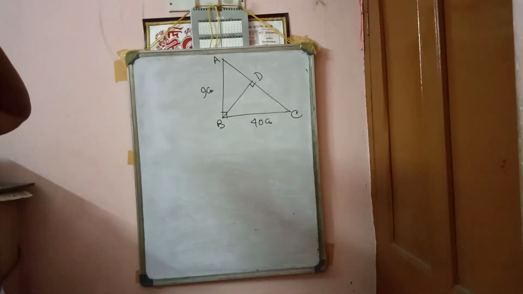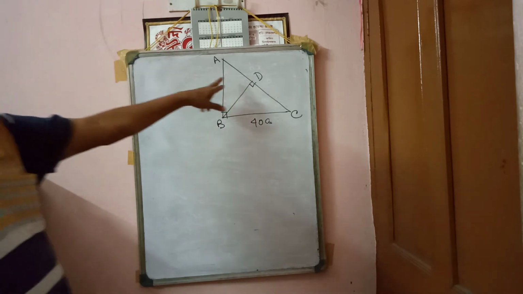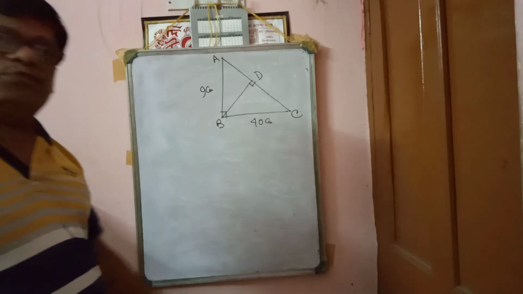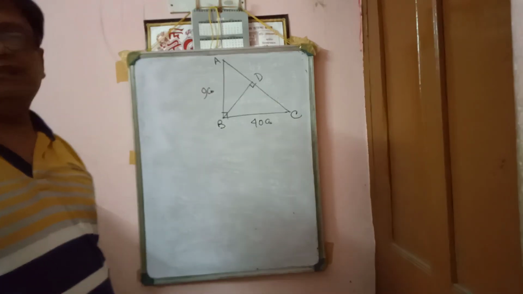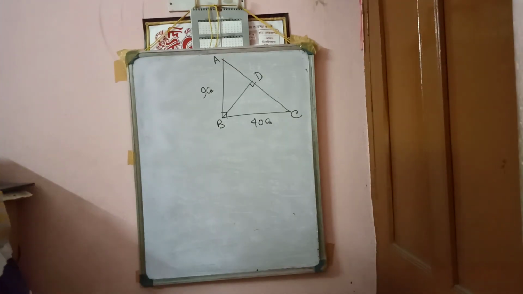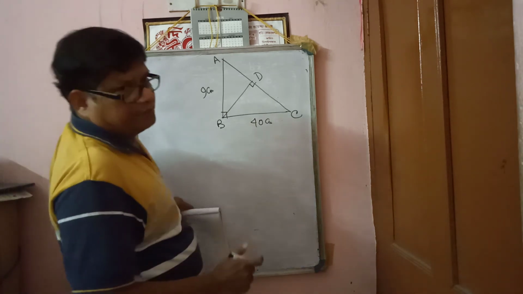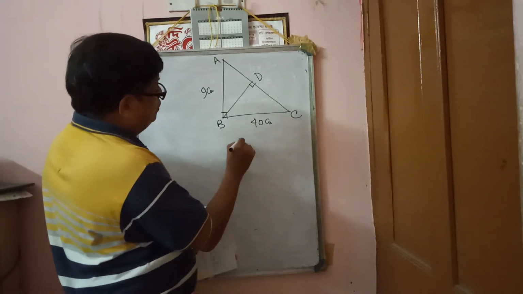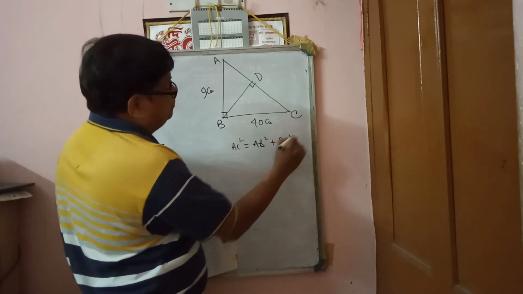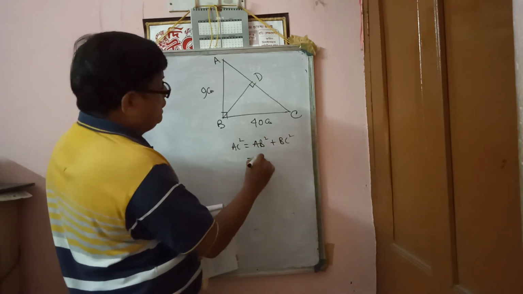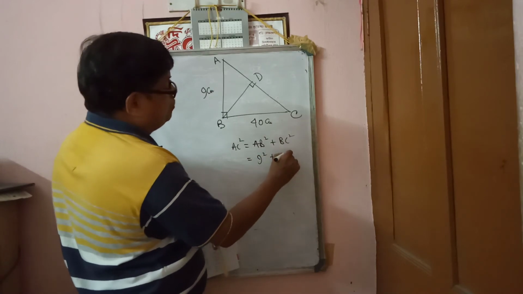So all of you know these two triangles are similar. So BD square you can write AD into DC. So first find out AC. You can write AC square equals AB square plus BC square. So AB square is 9 square, this is 40 square.